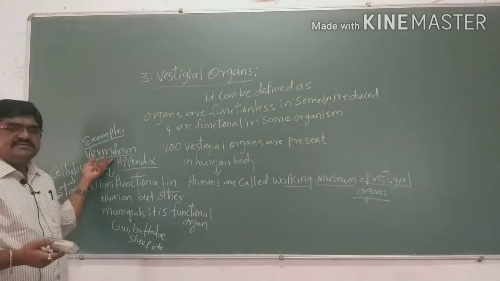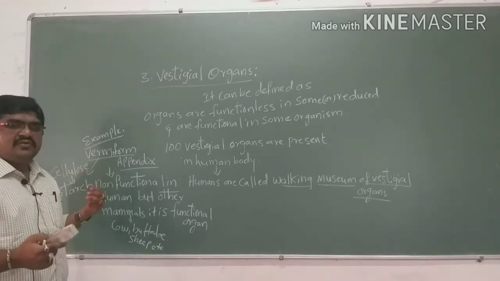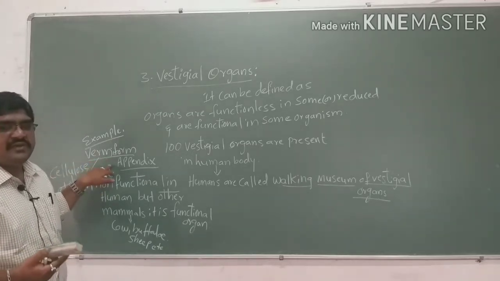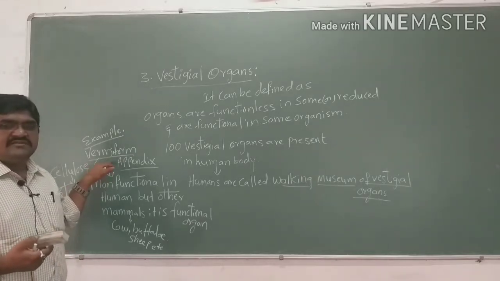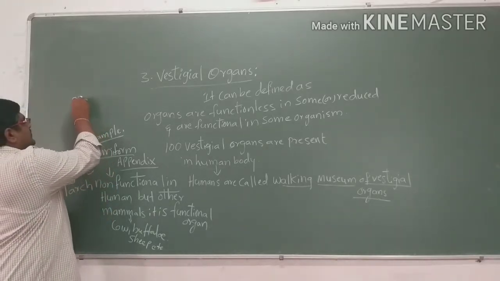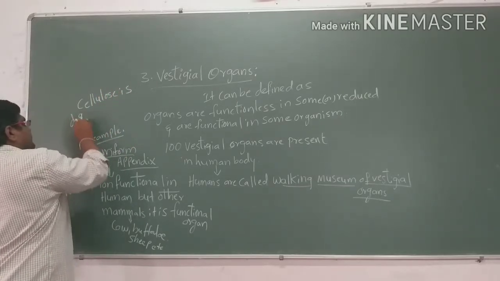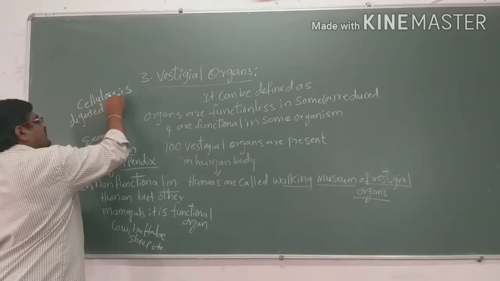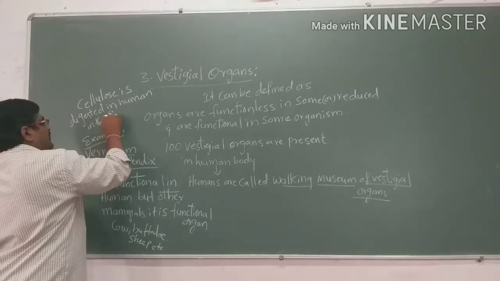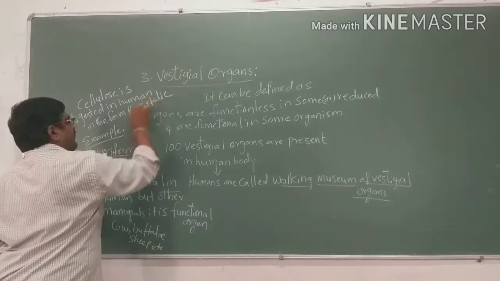In humans, cellulose digestion does not take place in the appendix, because the cellulose digestive enzymes are absent. But you may have a doubt: how is cellulose digested in our body? In humans, cellulose is digested through peristaltic movements.